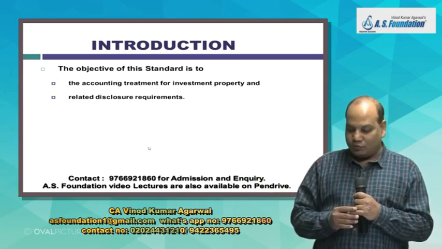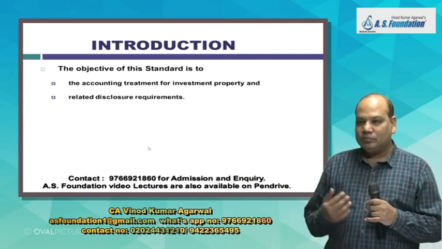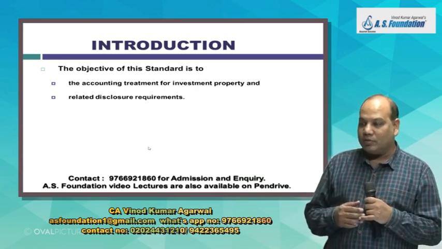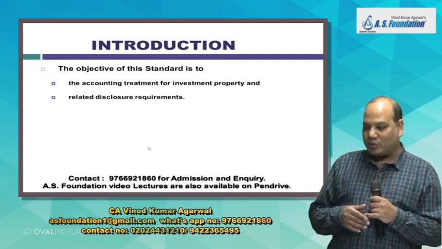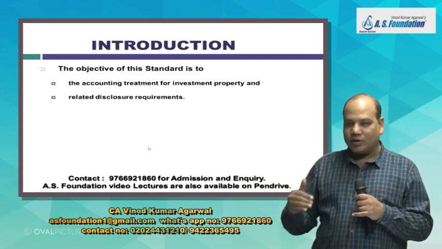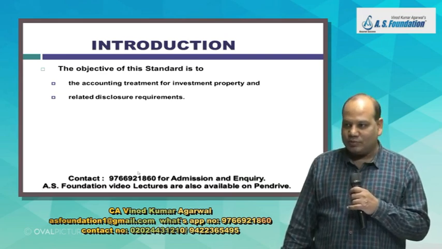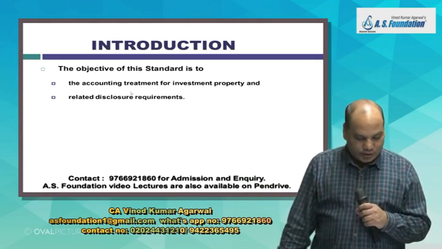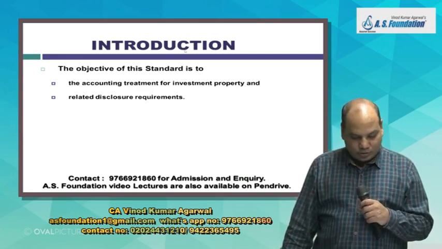Like for example, the owner occupied property can become rental, investment property, vice versa. Investment property can become owner occupied property. So that we will discuss under transfer, and then we'll discuss about derecognition and disposal. And the last part, as usual, disclosures. Okay. So standard is very simple. If you have studied IAS 16, then it will make your task easier.